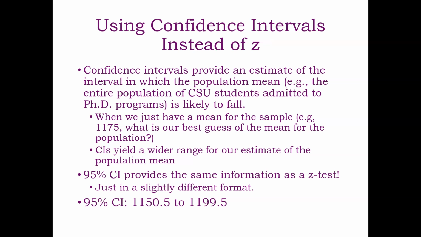So we're still going to reject the null hypothesis and say we have evidence to show that CSU students do better than the average for admissions to clinical psychology programs. Hope that makes sense.